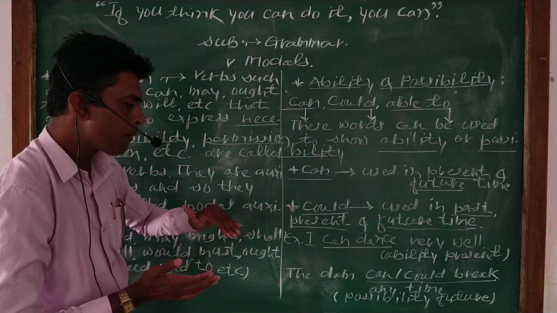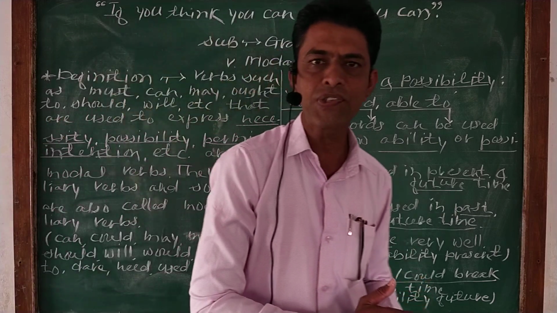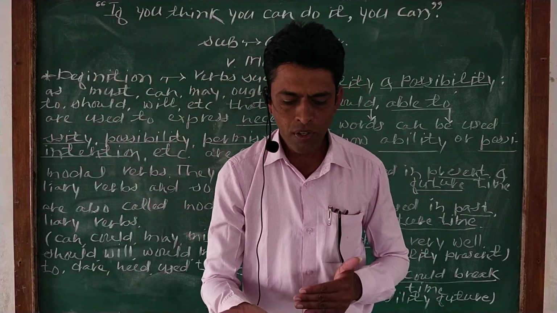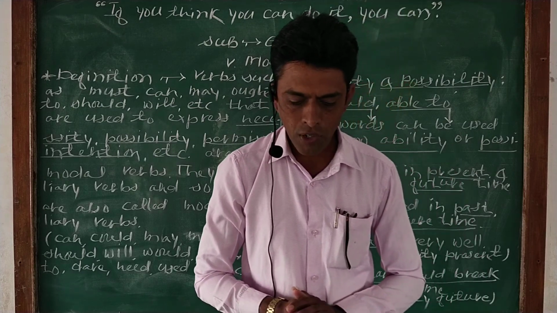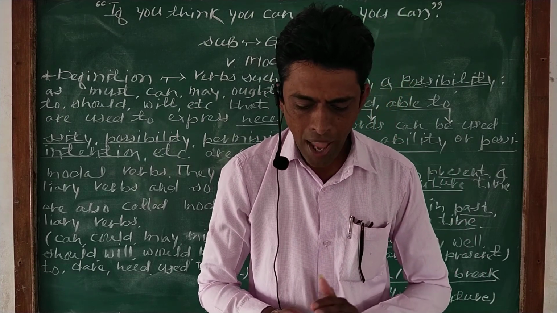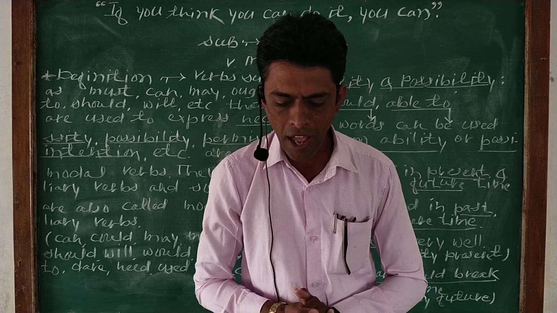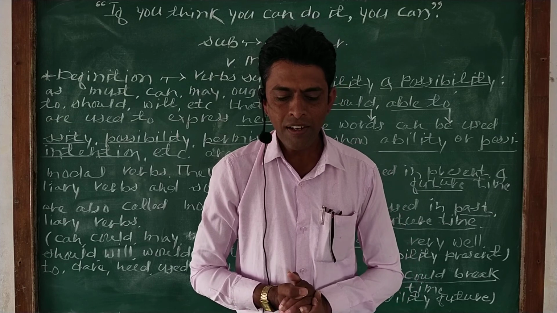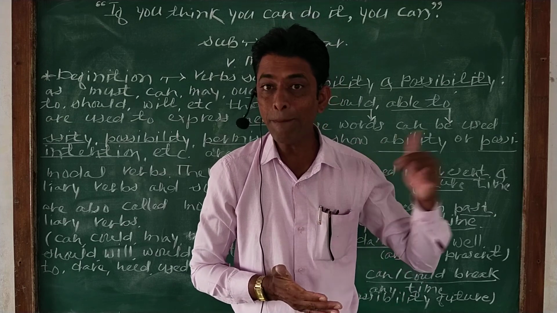Those two modal auxiliaries can be used in future tense. The next very important example, if you look in the textbook, you will find I could walk 5 kilometers at a stretch when I was a boy. Again, could walk shows ability, but in past tense.